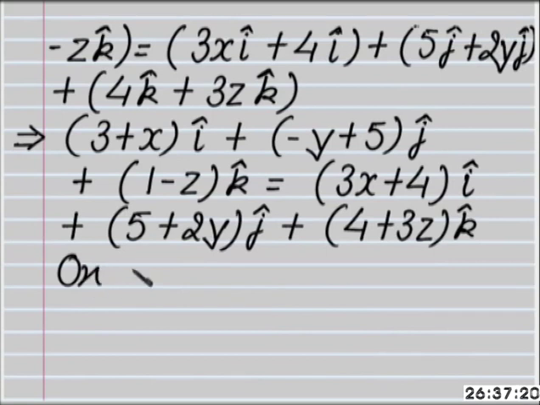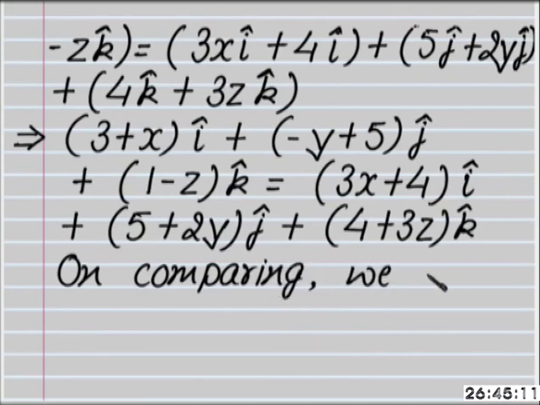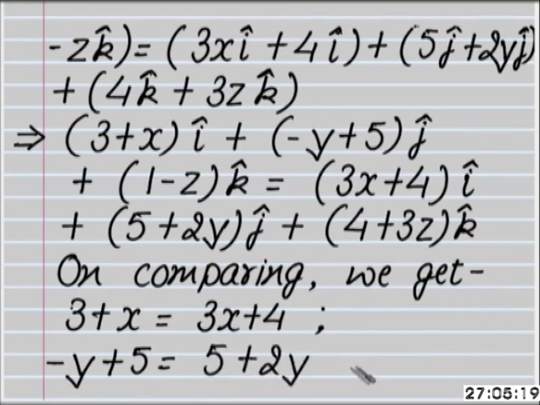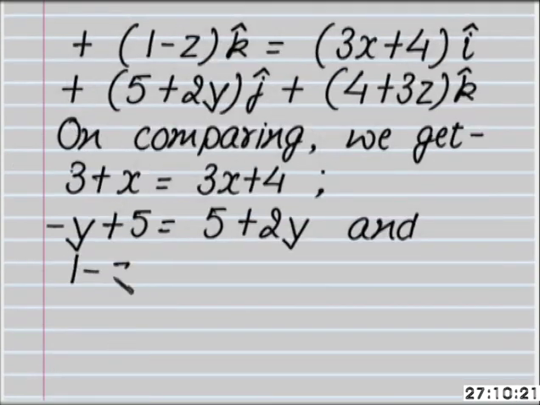Now on comparing, we get 3 plus x is equal to 3x plus 4, minus y plus 5 is equal to 5 plus 2y, and 1 minus z is equal to 4 plus 3z.